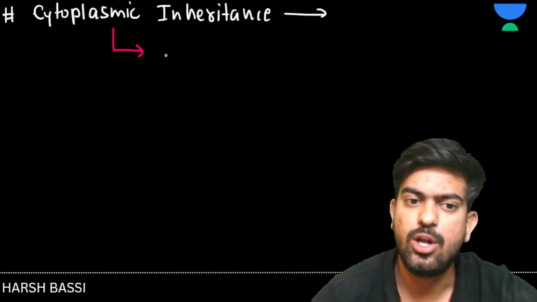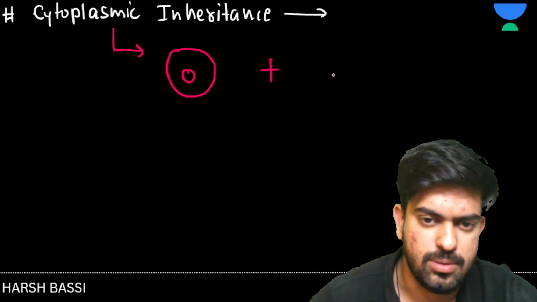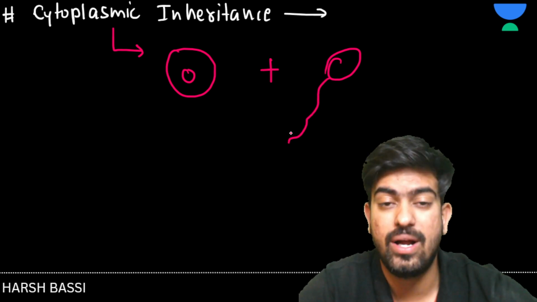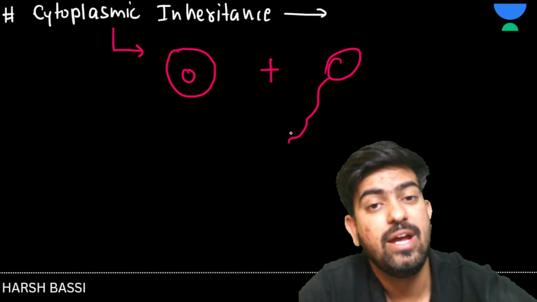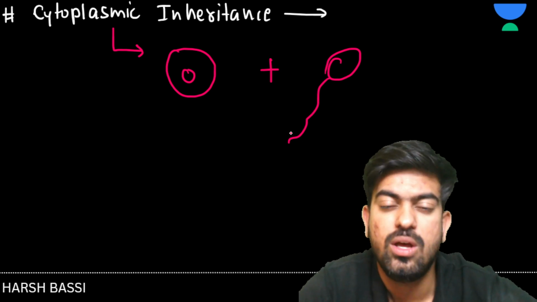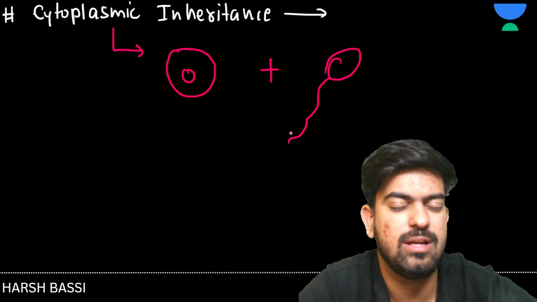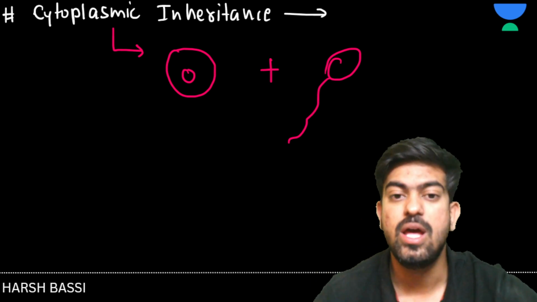Okay, great. Now we all know that we have egg cell, right? And we have sperm. Yes or no? In which one is the cytoplasm present in more amount? In which one is there a chance of presence of gene in the cytoplasm? See, sperm is so small. Sperm doesn't want to keep anything extra.